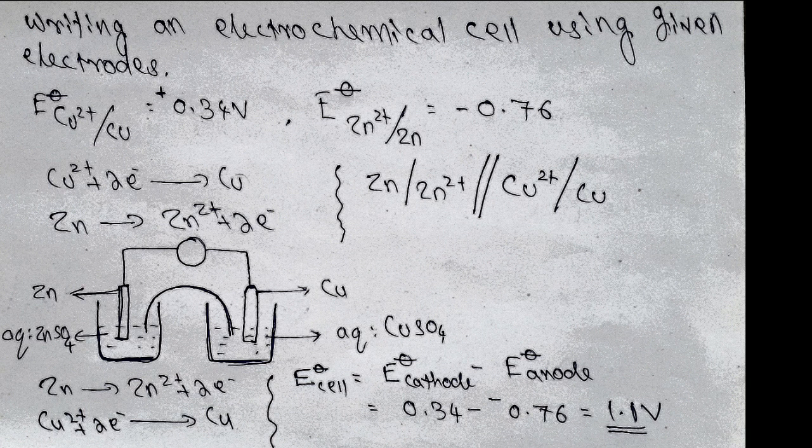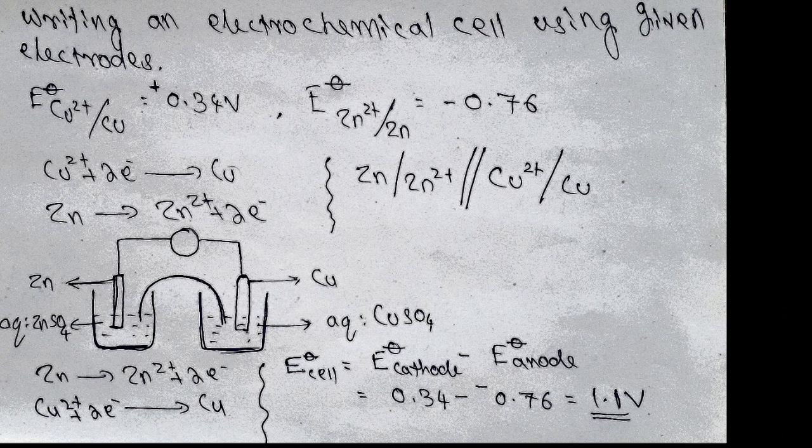On the left-hand side it will be the zinc bar, Zn2+, and between the two electrodes, between Zn2+ and Cu2+ to Cu, there is a double bar. This double bar shows the salt bridge.